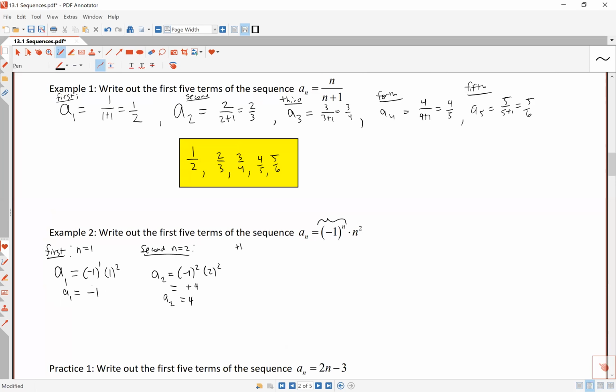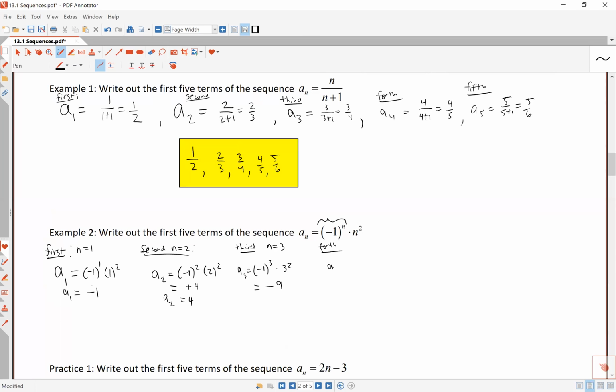When we do the third term, we have n equals 3, or negative 1 to the third power times 3 squared. And now we're back at the negative, and 3 squared gives negative 9.